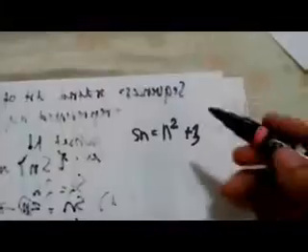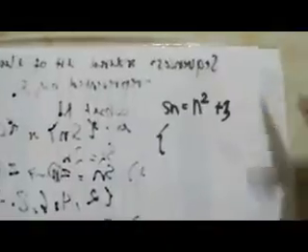Let's try a different, much more complex one. Say S_n is equal to n squared plus 3. Again, n usually starts with 1, so 1 raised to 2 is 1 times 1, which is 1, plus 3, so 4.